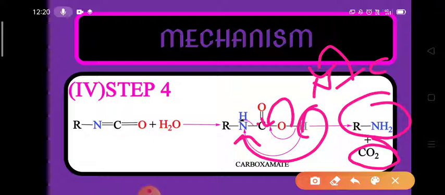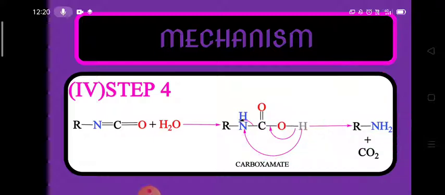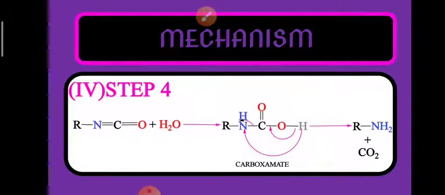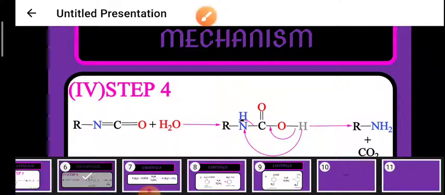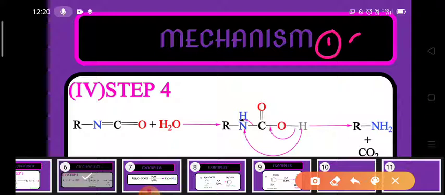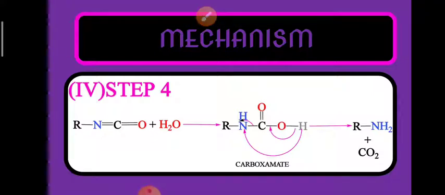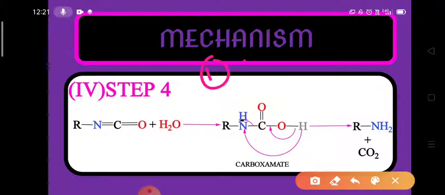Again, we try to recollect the four steps. The first step of the Schmidt reaction is the formation of the carbonium ion.